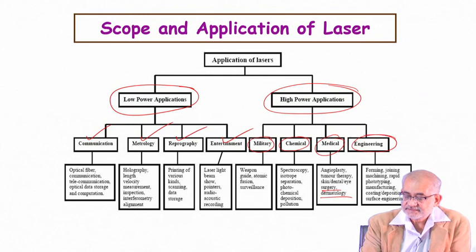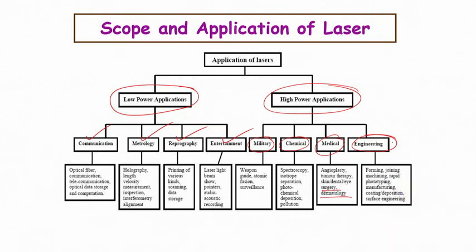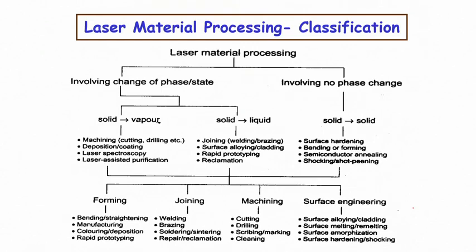But in engineering, we have various possibilities. Typically, what we do for engineering or manufacturing, we essentially call laser material processing. This laser material processing can be in the form of forming, joining, machining, prototyping, manufacturing, coating, deposition, surface engineering, so various forms of applications.